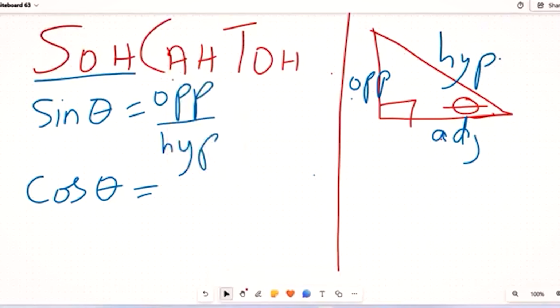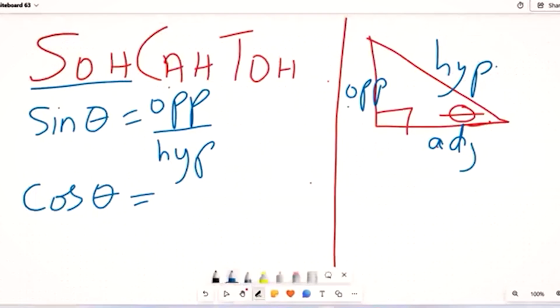It may not be in your textbook, but trust me, SOHCAHTOA has been running. That's what you need to remember. So cosine is adjacent to theta over hypotenuse.